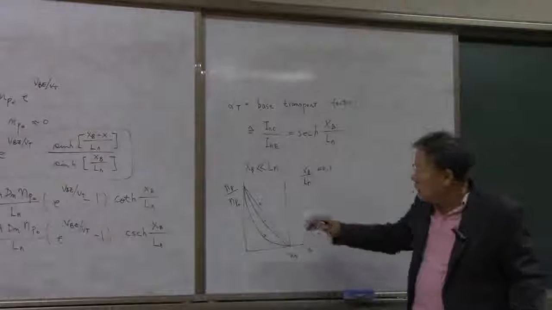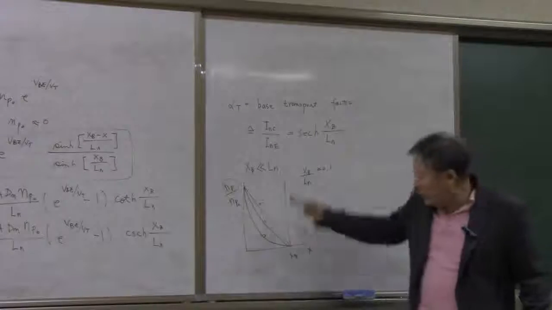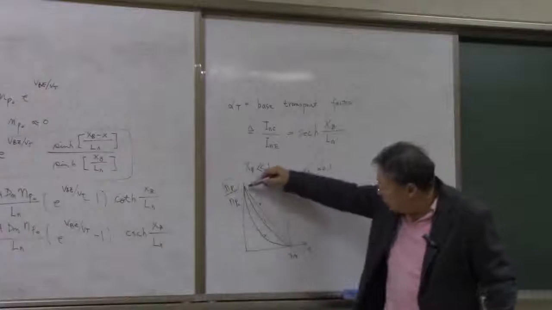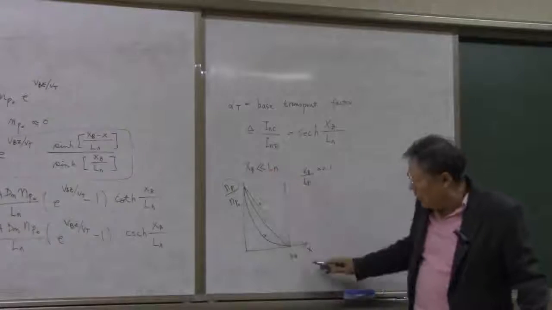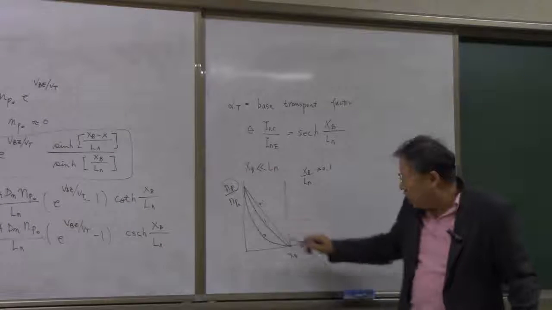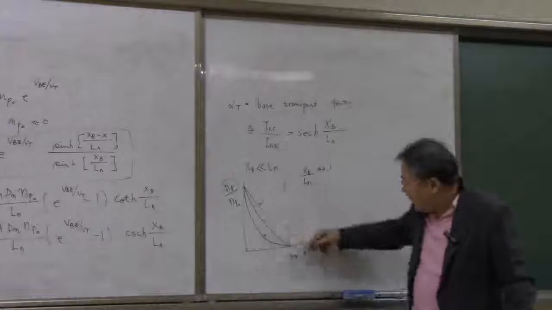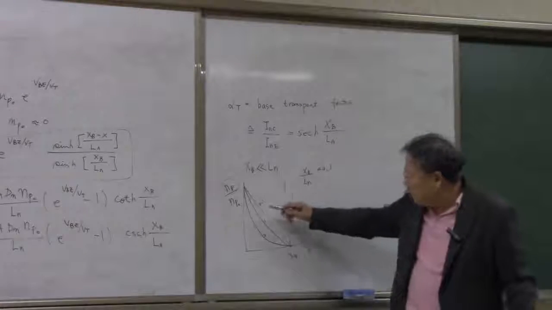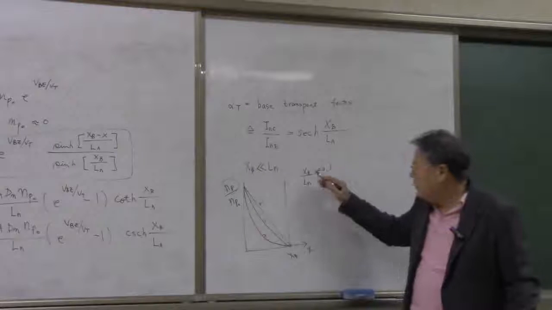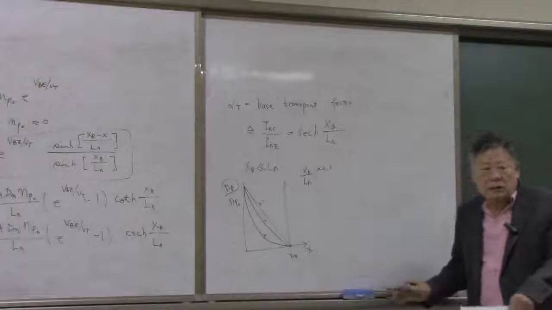This means that the injected electrons in the base are going to make a straight line diminishing to the value n_p0, which is about 0, if we make the base width x_B reasonably small.